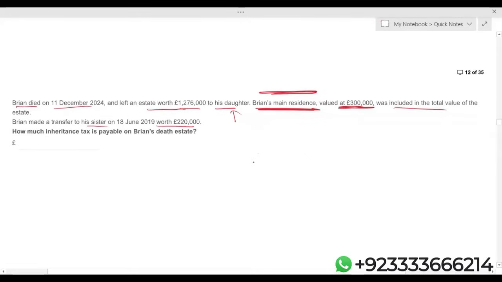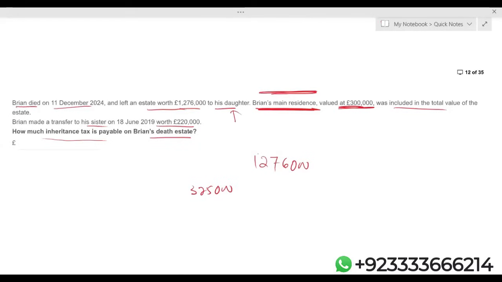Okay. Death estate is 1.276 million. Normal nil rate band is 325. But let's count the time period. We are calculating IHT on death estate. Number one, you will not be getting any taper relief when you are calculating IHT on death estate.